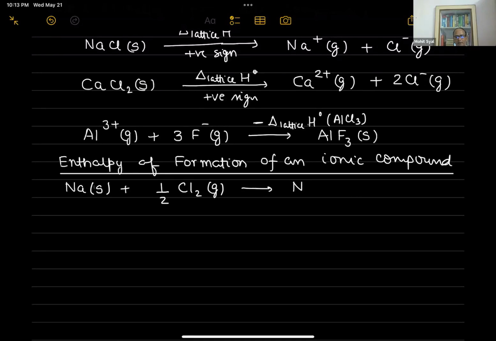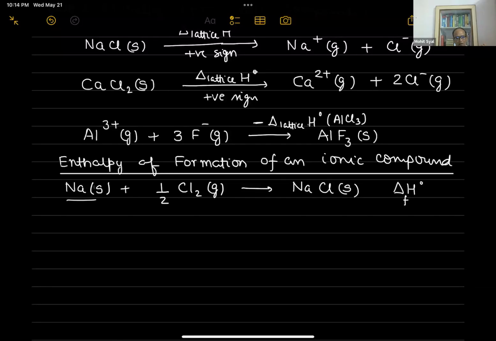So there we had seen that the enthalpy of formation is actually the sum of the enthalpies of formation of products minus the sum of the enthalpies of formation of reactants.